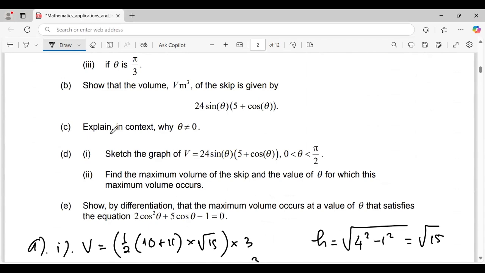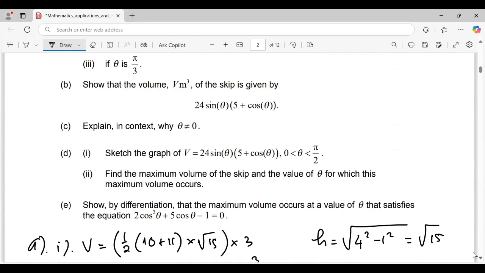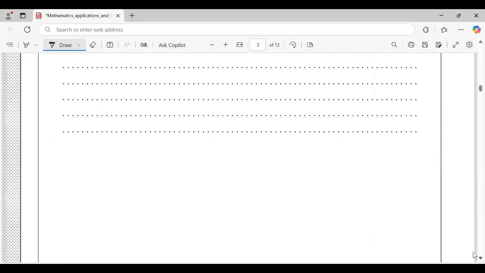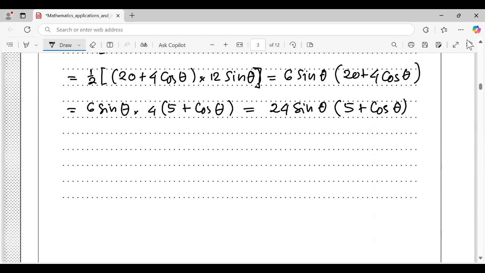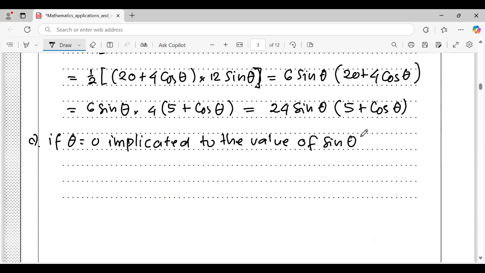This one. Explain in context why theta does not equal 0. So theta cannot equal 0. Okay. Why? Because if theta equals 0, the implication is on the value of sine theta.